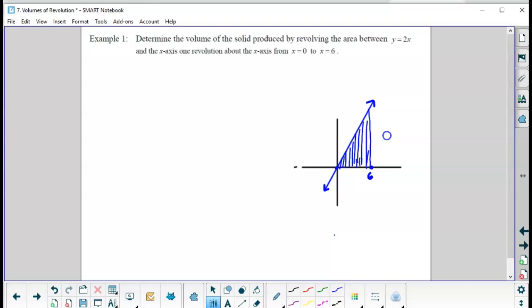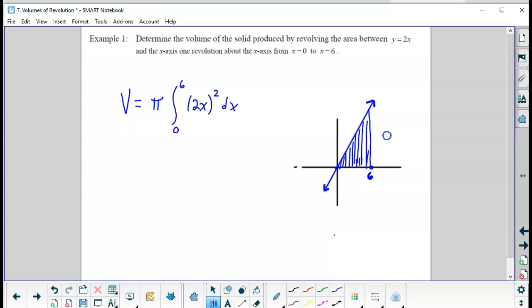Obviously, you could actually use just the volume of a cone formula, but we're going to use integration here. All right, so volume will equal pi times our function, that's 2x squared dx, going from x equals 0 to x equals 6.